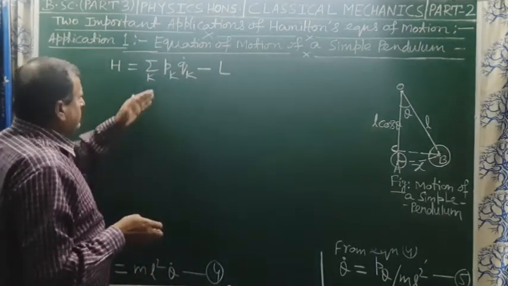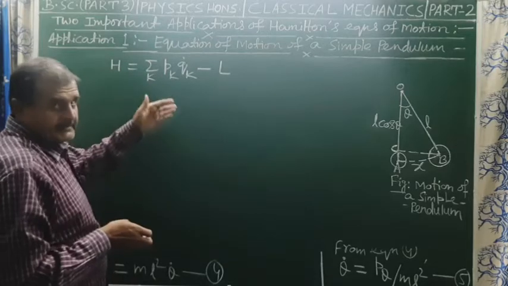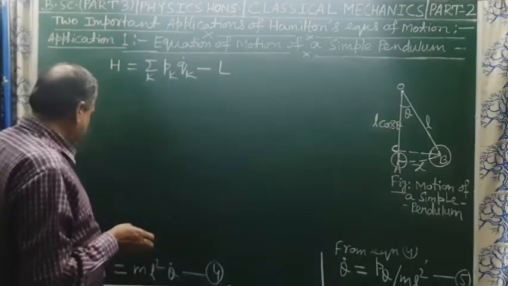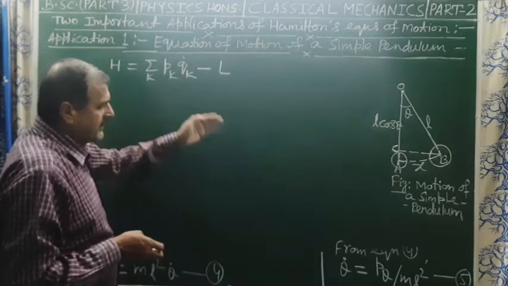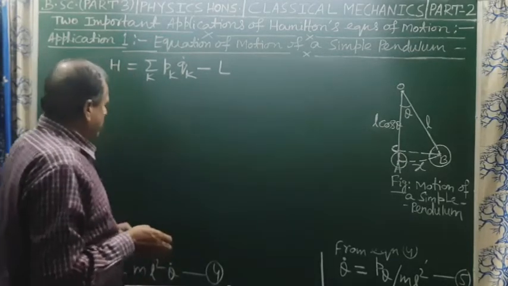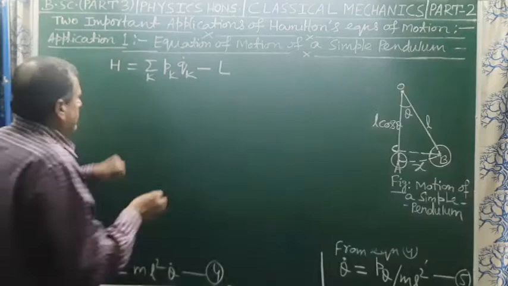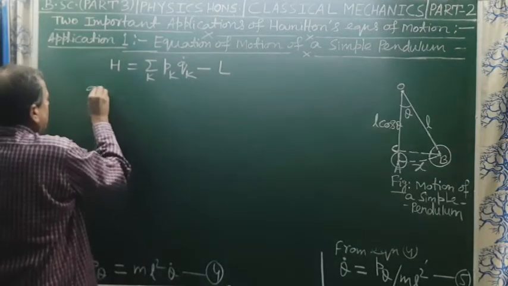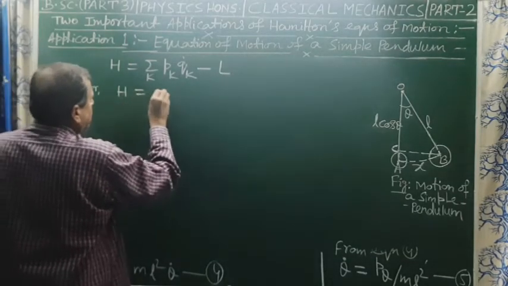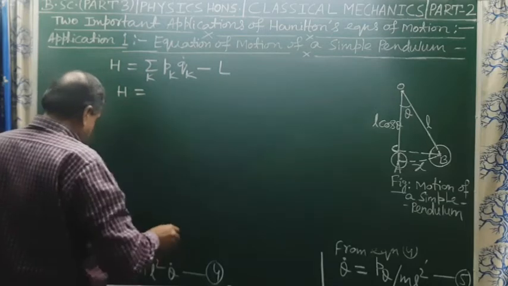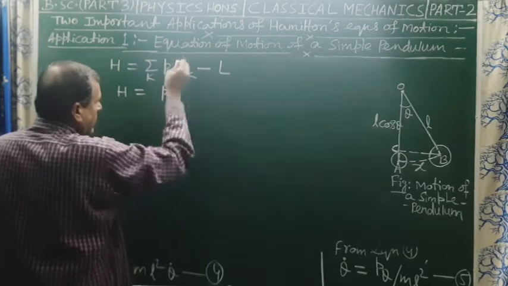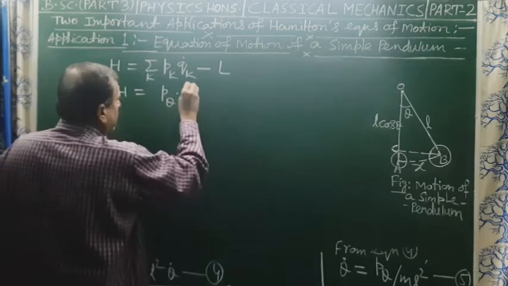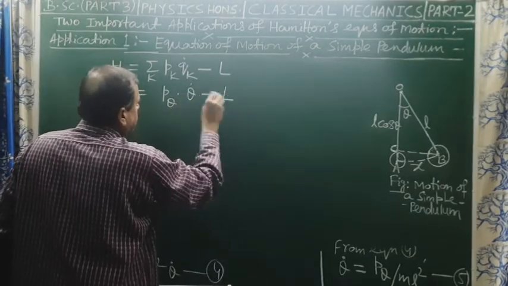For a simple pendulum, in our case, pk is replaced by p theta, and qk dot is replaced by theta dot. So the Hamiltonian function H is p theta theta dot minus L.